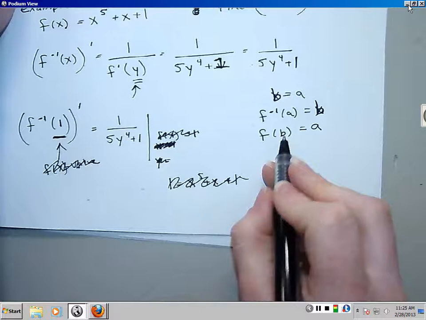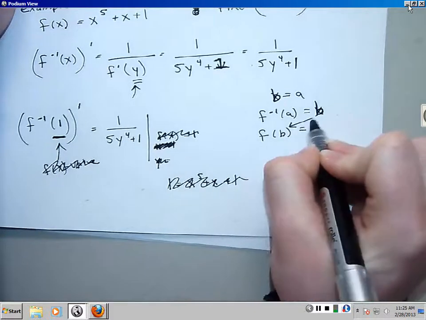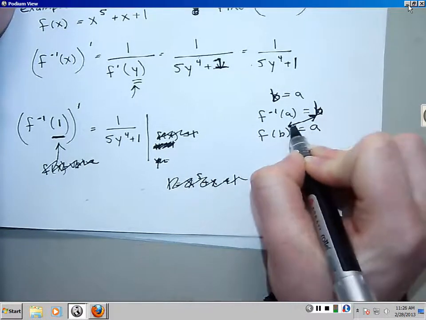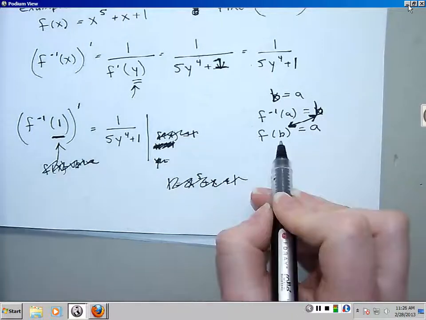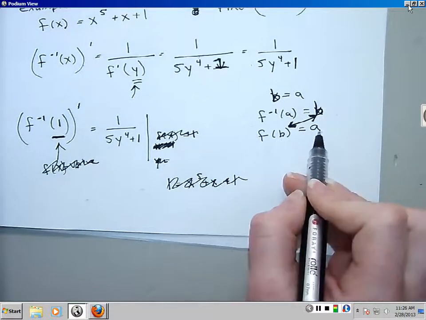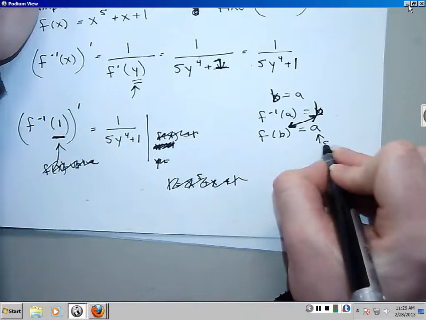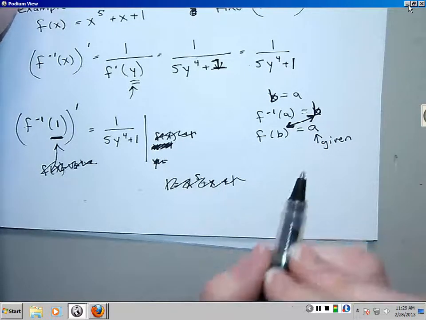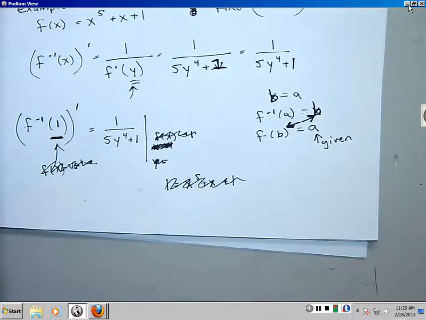So if I plug b, which is what I want to find, into my original function, I get out a, and a is given. Because a is the x point of my original function, which would be the y point of my inverse function.